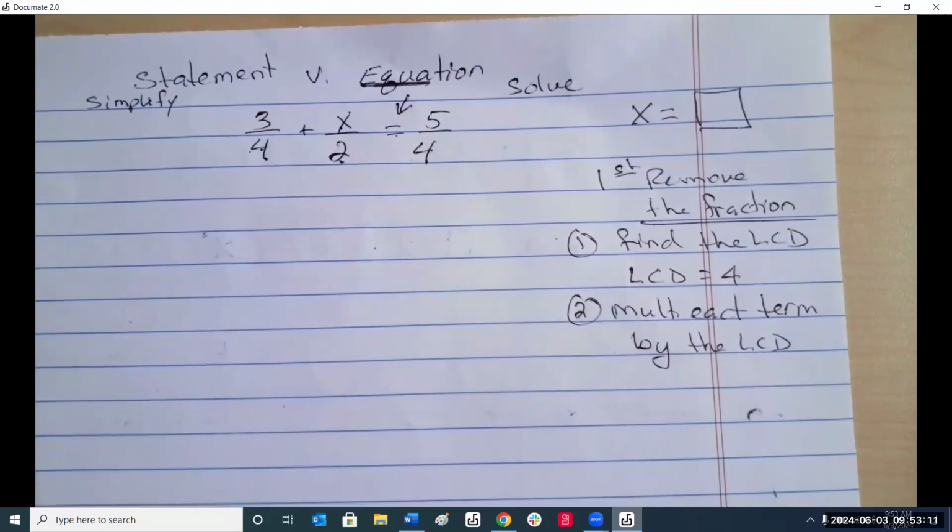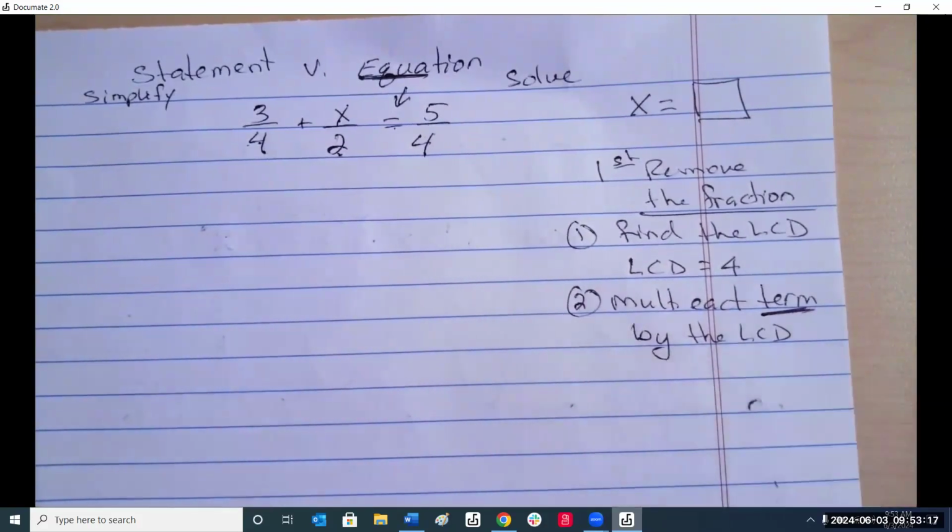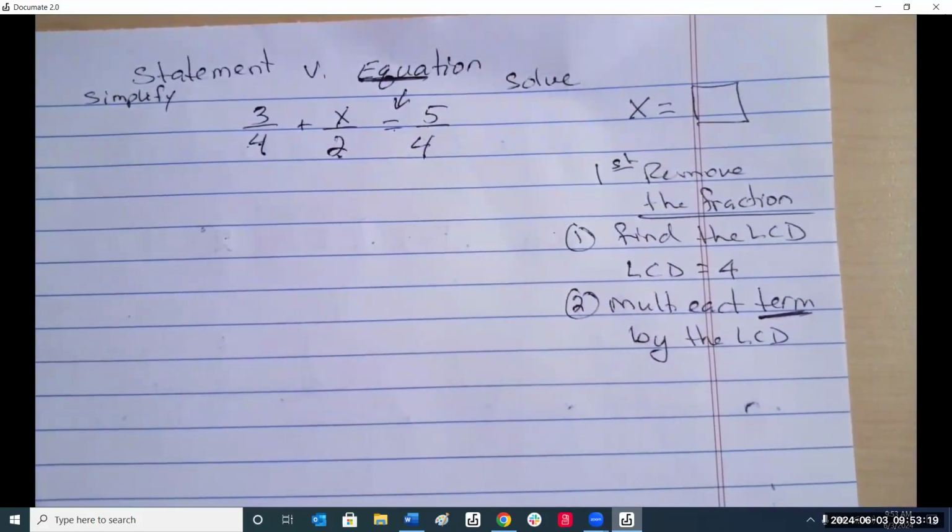Remember I told you earlier, mathematics is a language. Languages have words. Well, here we have another word. What is a term? What does term mean? How many terms do we have there?